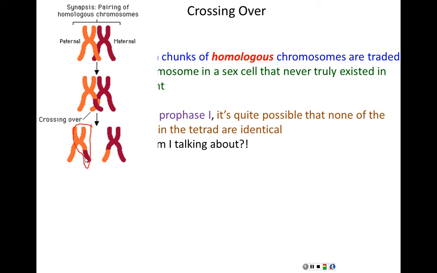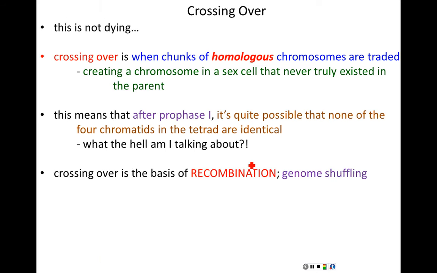I don't have any single chromosomes in my cells that are mostly dad and some mom. Half of my chromosomes are all from my father, and half are all from my mother. But my kids can get a shuffled version of that, which never existed in myself. That's the result of crossing over, and it adds an enormous amount of genetic variability to sexual reproduction.